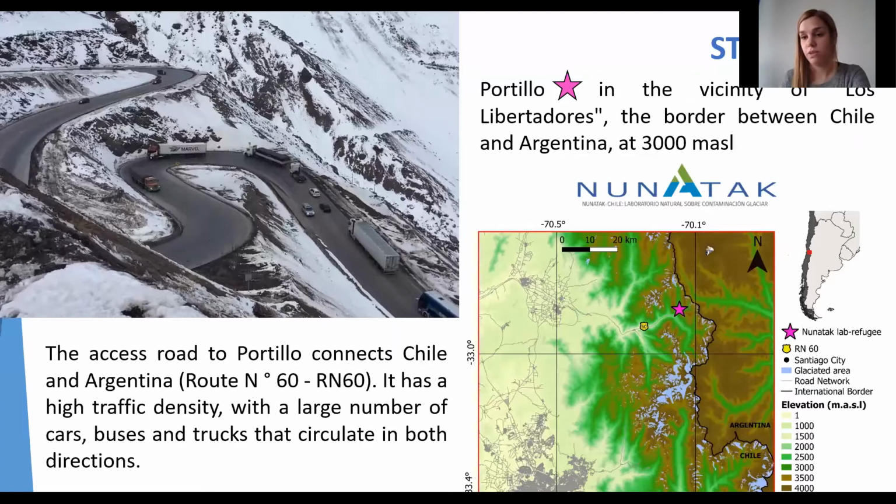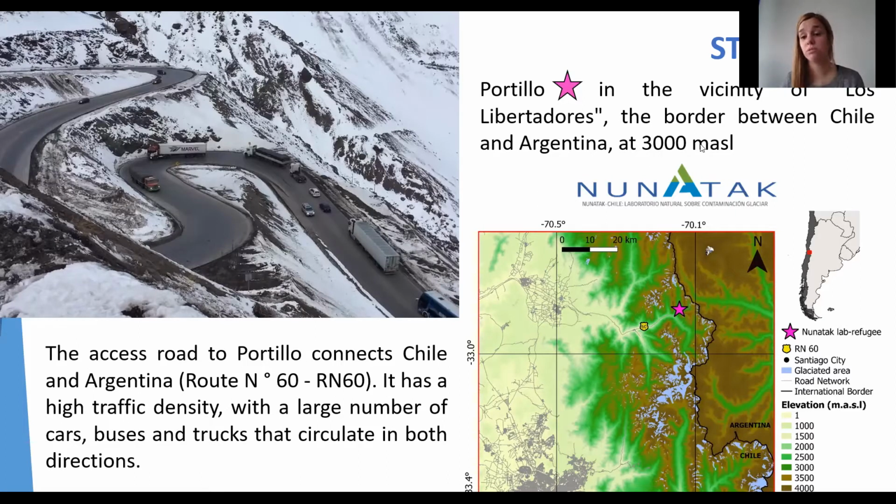Well, Professor Cereceda already presented the laboratory located in Portillo. Here you can see in the map the location of the laboratory, with Santiago city in the south and Los Andes city in the north.